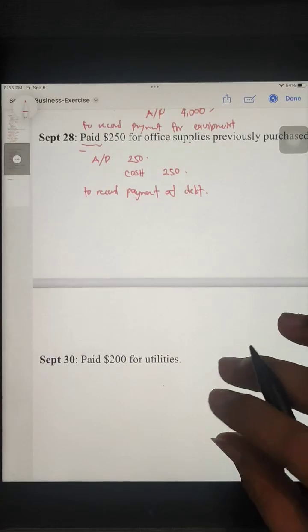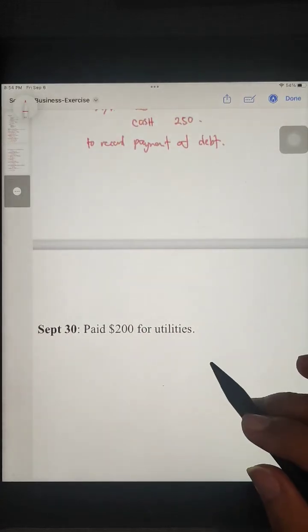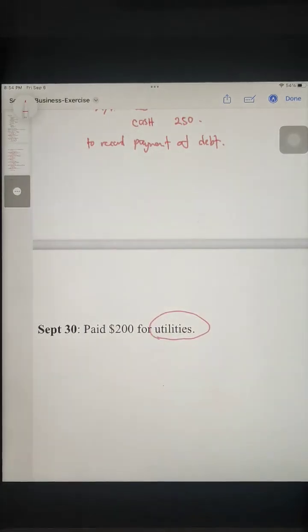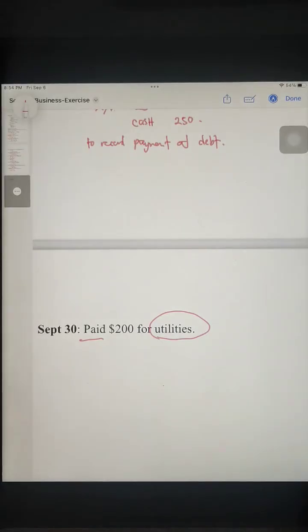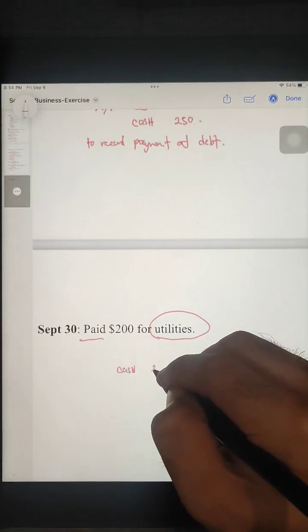And then lastly, for September 30, paid $200 for utilities. So utilities are expenses related to electricity, water, internet. So because of the word paid, naglabas na naman tayo ng pera and it demands a credit.